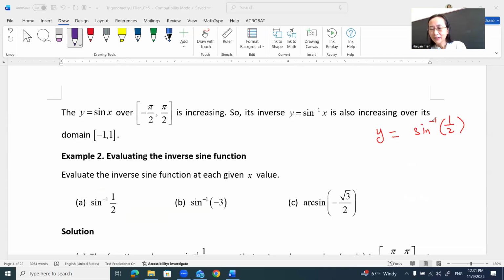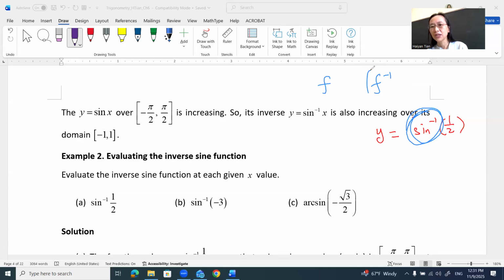Notice that here's our notation for inverse, right? You see the sine with this -1. It looks like an exponent, but it's not a power. It's not a negative power. It's simply a notation for inverse, just like for a function we use f with this small superscript -1.